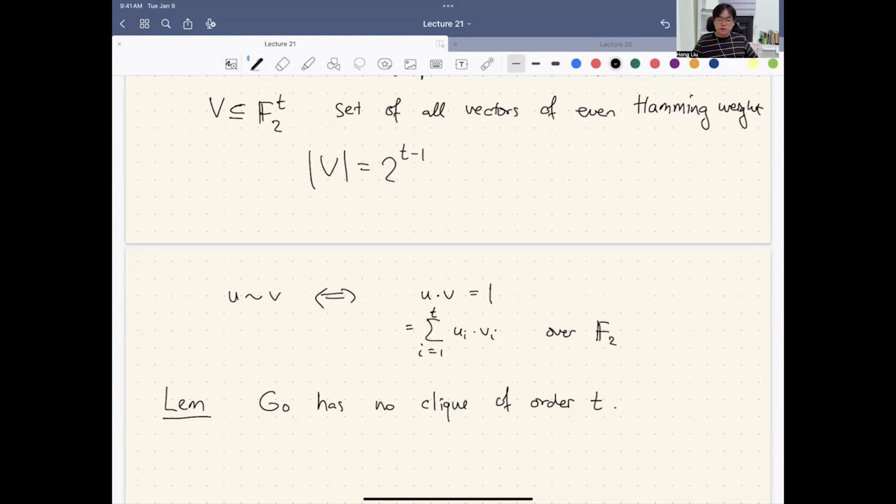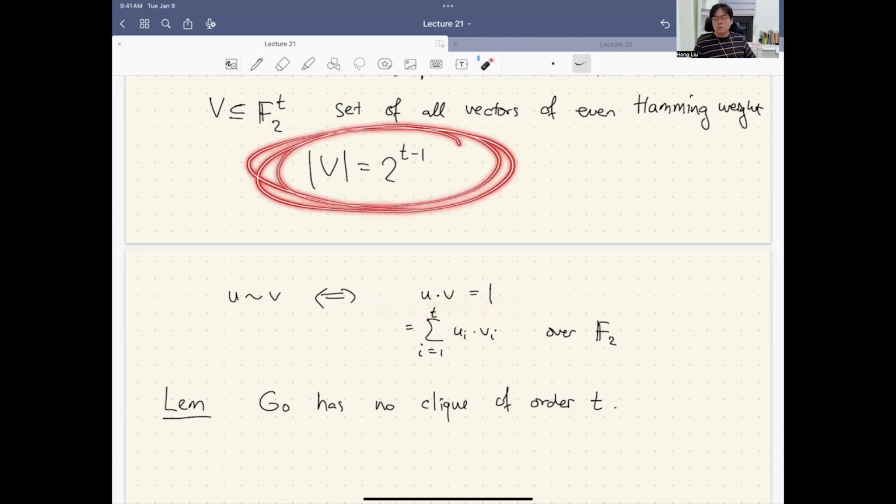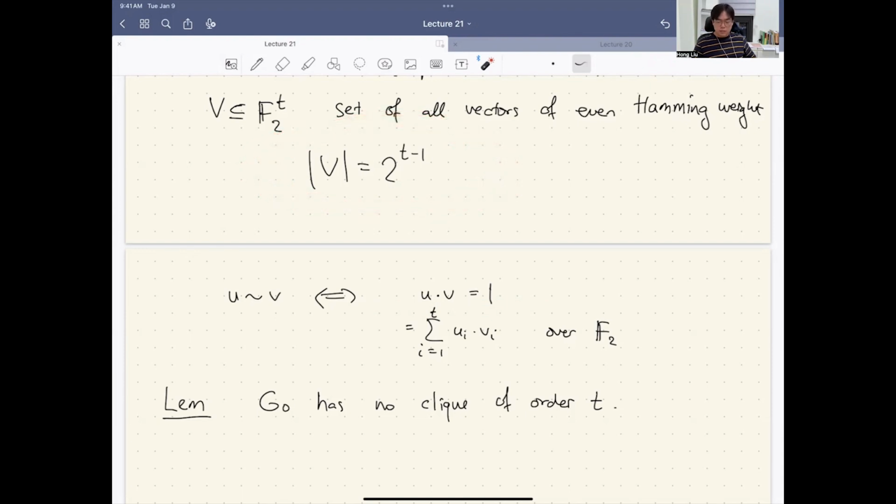So V consists of length-t vectors of even weight. Then it's not hard to see that if you form a clique, the corresponding vectors of the endpoints of the clique must be linearly independent. But since V has dimension t minus 1 in this space, linearly independent means there are at most t minus 1 linearly independent vectors. That's it.